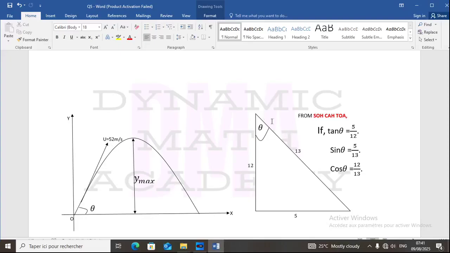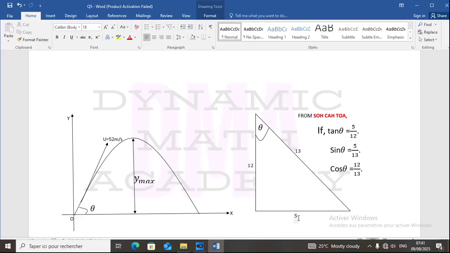Now here you have the right angle triangle. It told us that tan theta is equal to 5 on 12. So if you have this right angle triangle, this is theta here. From SOHCAHTOA, the tangent of theta is equal to the opposite over the adjacent.